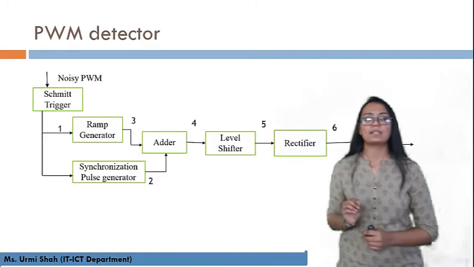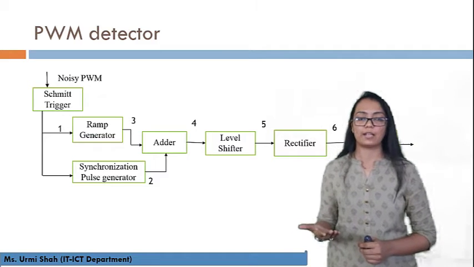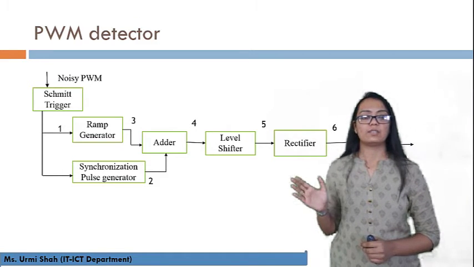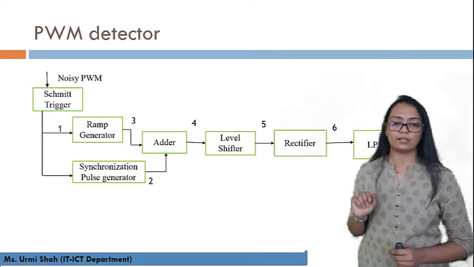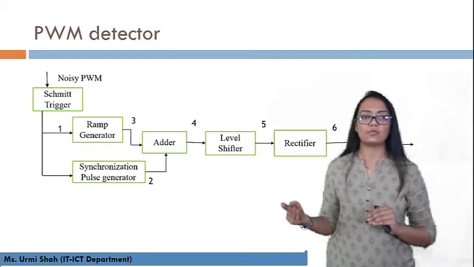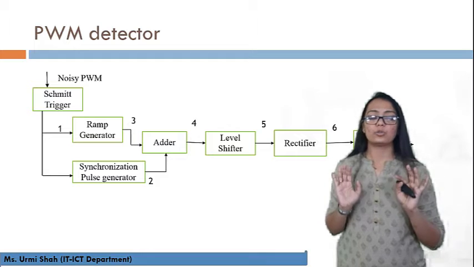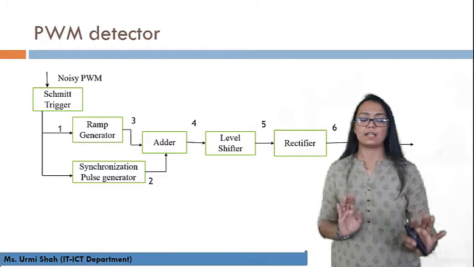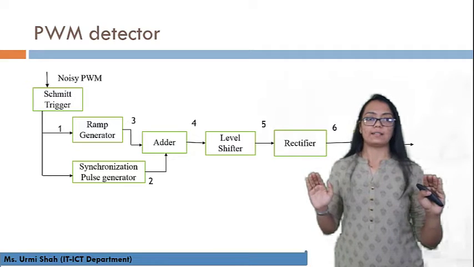Now, in your basic electronic course, you all have learned what is rectifier. Rectifier is a circuitry which is very firstly used in our communication system over here. What does rectifier do? Rectifier basically converts AC signal to DC signal. Its basic role is it converts AC to DC. AC is our alternating current and DC is our direct current.